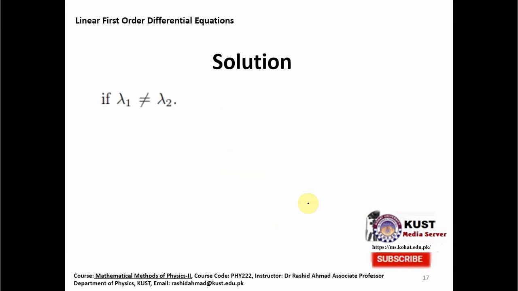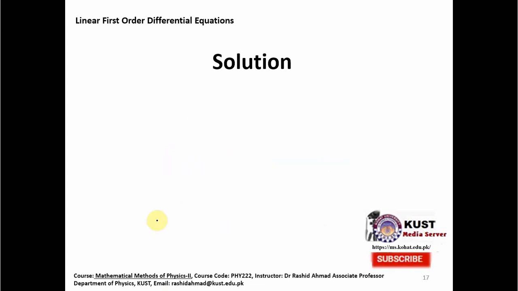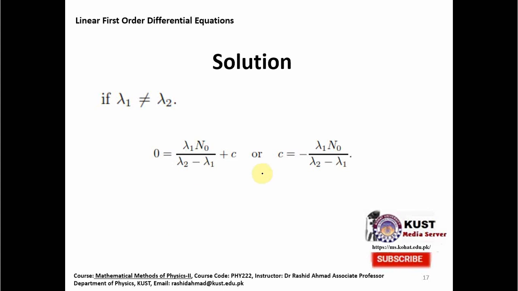And in the situation when lambda 1 and lambda 2 are not equal, we set this equal to 0 at t equal to 0, and we get the value of c.